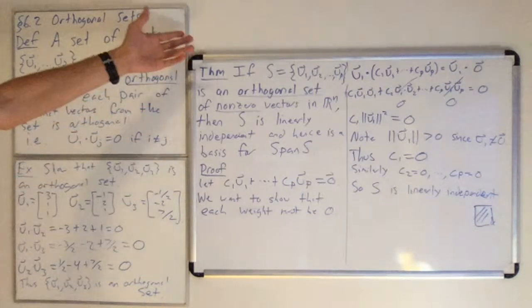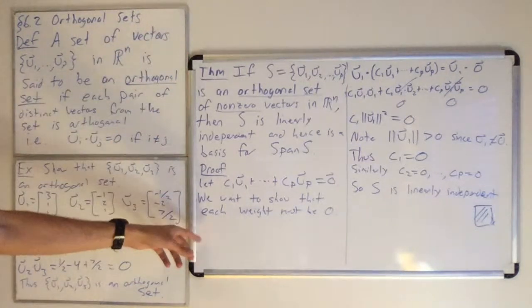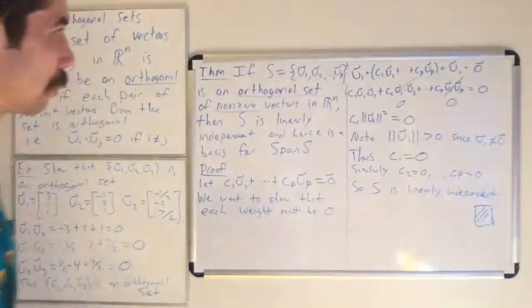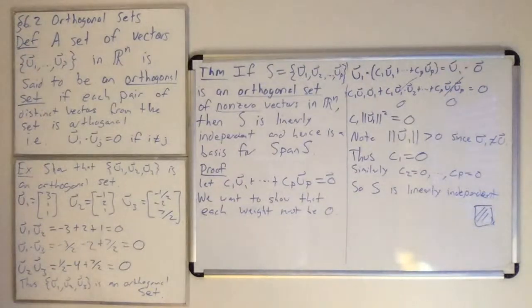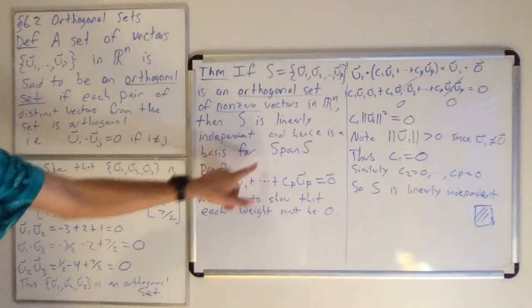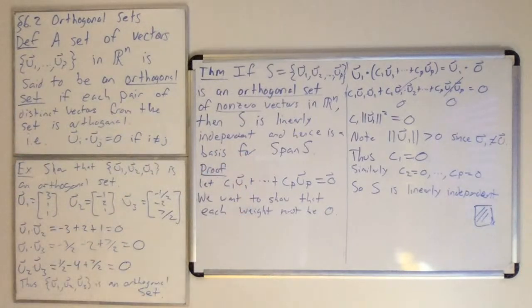So again, to recap, this is a typical proof technique in a linear algebra class. To get coefficients, you just take the dot product. Orthogonal sets are nice because they turn out to be bases for the subspace that's formed by their span.